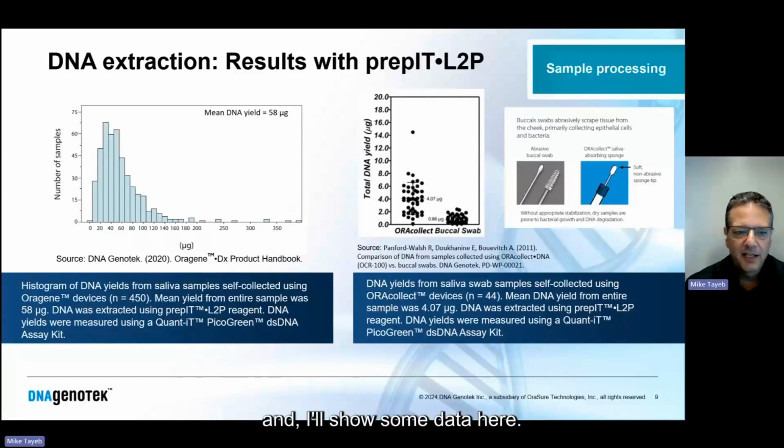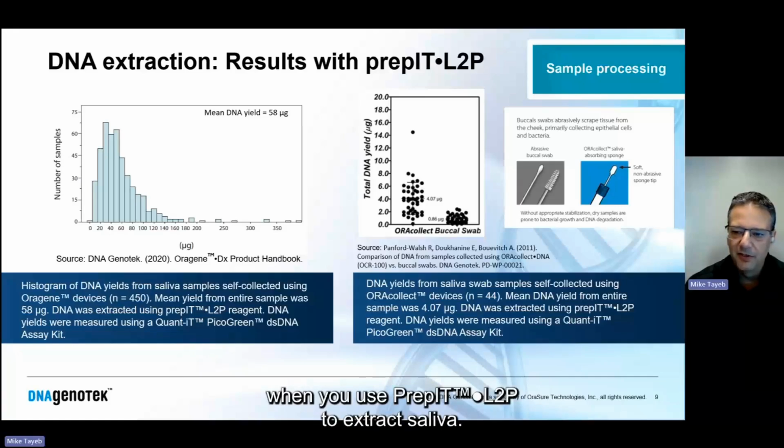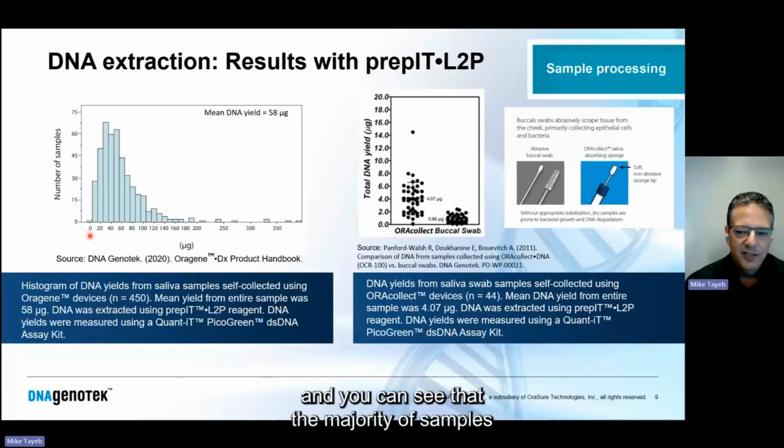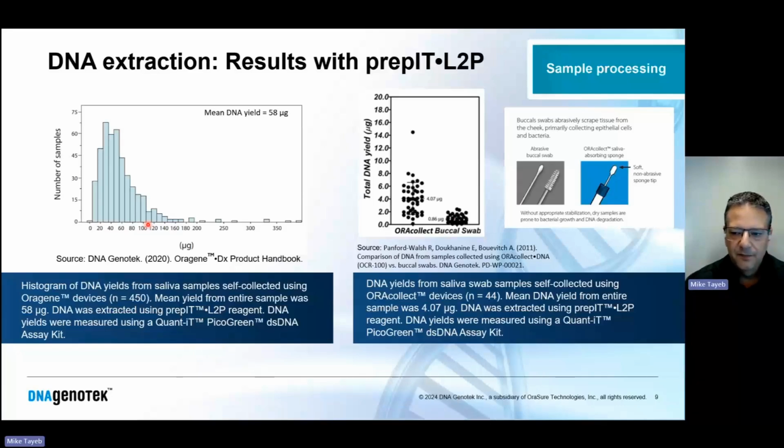I'll show some data here that shows what results you can expect when you use PrepIt L2P to extract saliva. The mean DNA yield is 58 micrograms, and you can see that the majority of samples fall in the range of 10 to 100 micrograms of DNA.